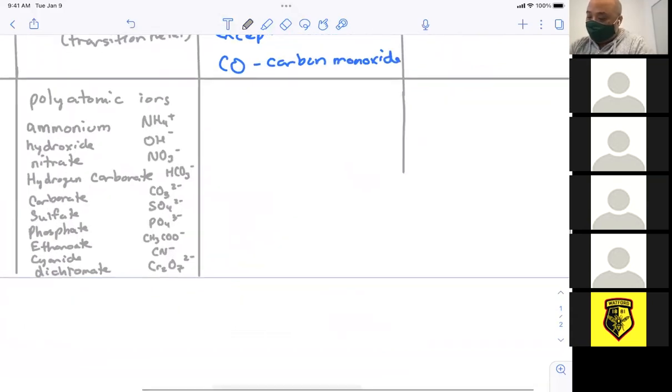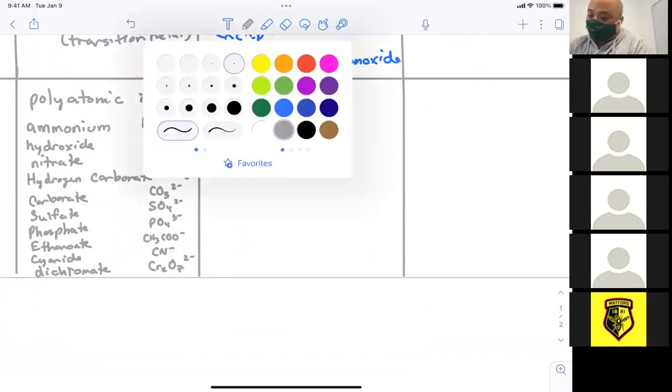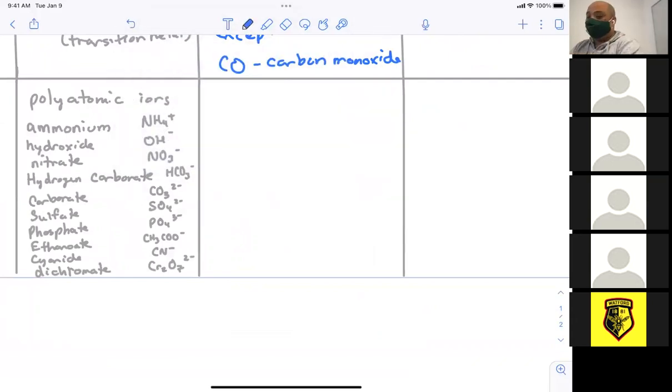Now, for covalent, the special thing you need to know about are network covalent molecules. I'm not going to be able to fit everything in here, but I'm going to say a few things and you can look at them a little bit later. This is that group of network covalent molecules where you don't have hydrogen bonding or LDFs or dipole-dipole.